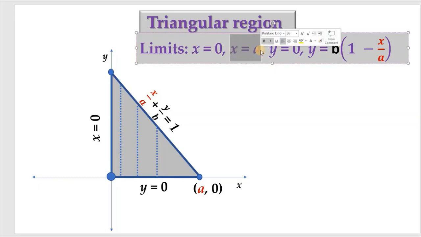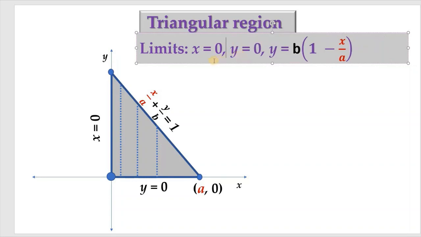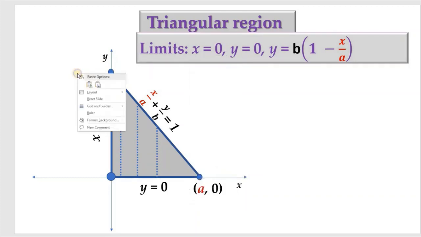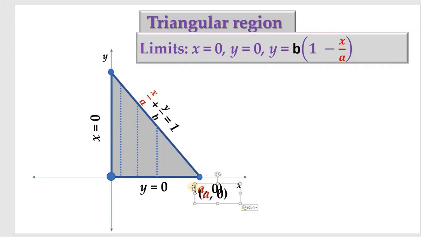So x equal to 0 is this line, and y is equal to 0 is this line, and x by a plus y by b equal to 1 makes intercepts a and b. So this point is 0 comma b.